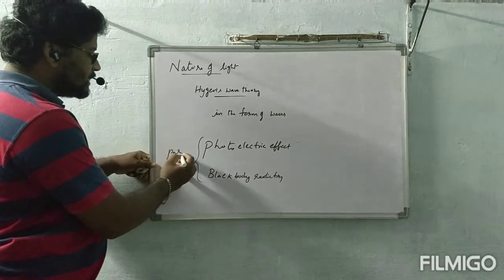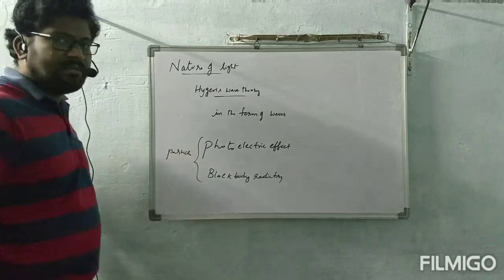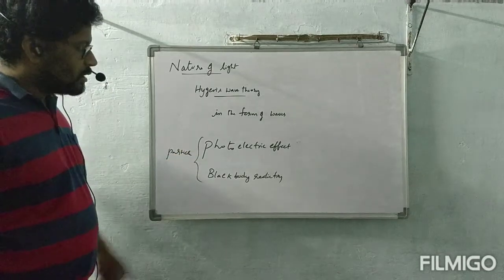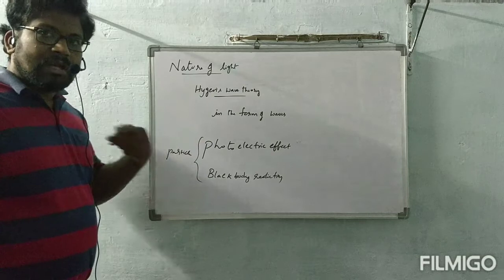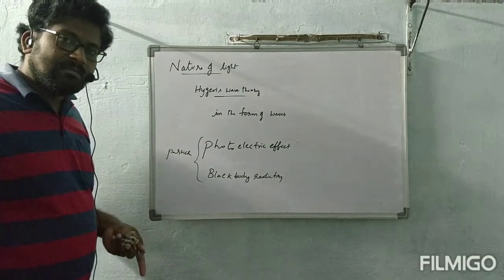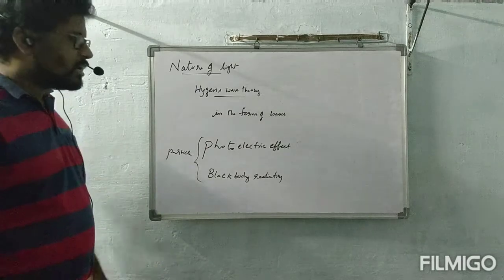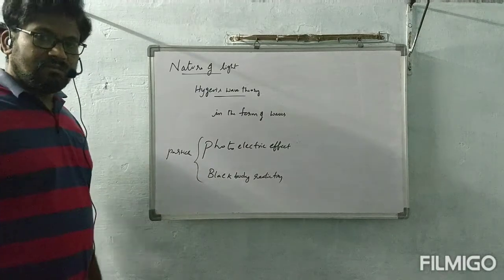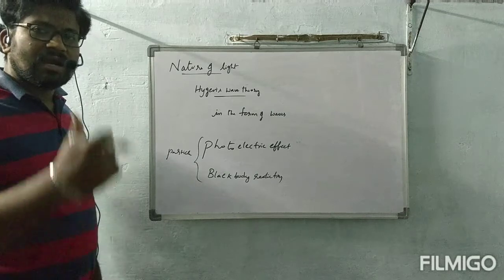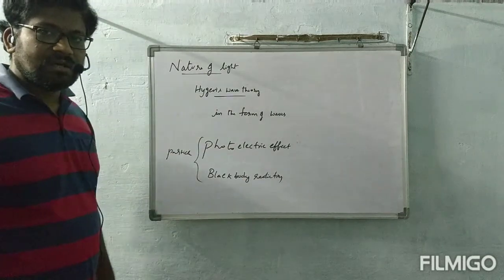These two are explained by considering particle nature of light. Diffraction and interference are explained by wave nature of light. If you consider wave nature, we cannot explain the photoelectric effect. If you consider particle nature, we are not able to explain diffraction and interference.